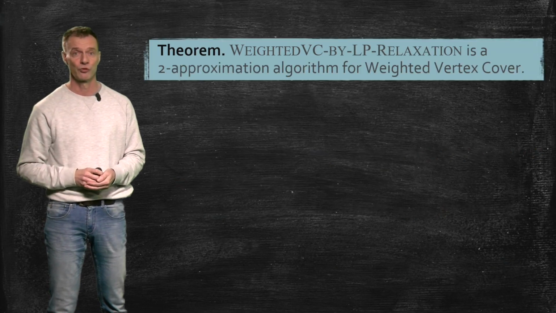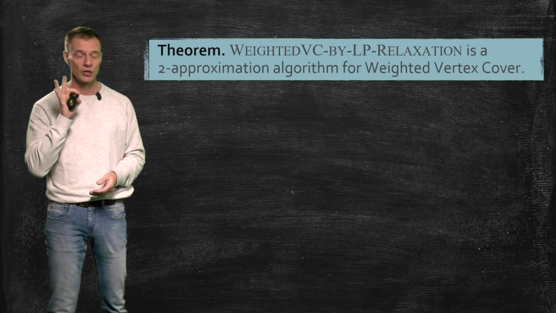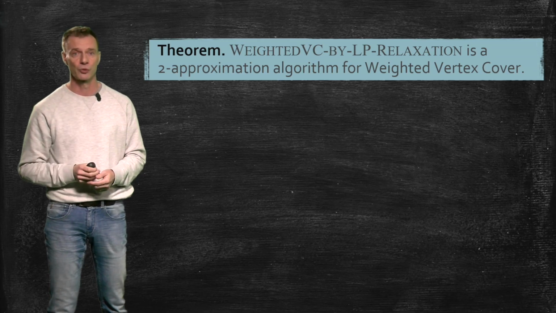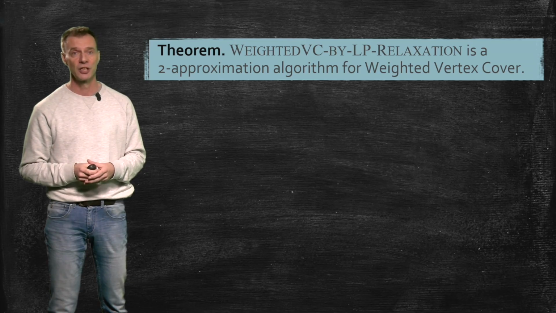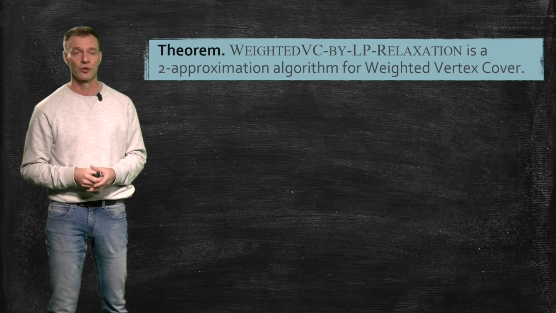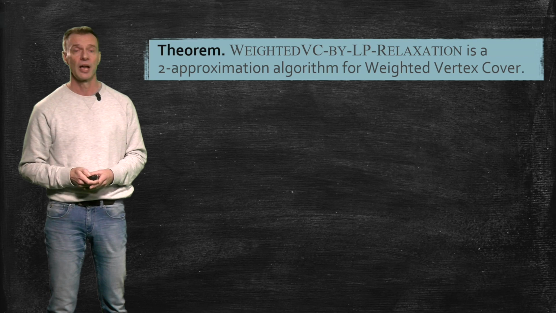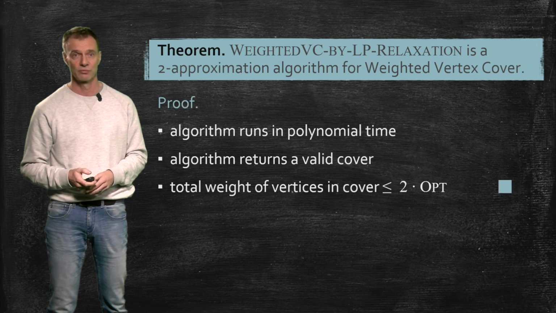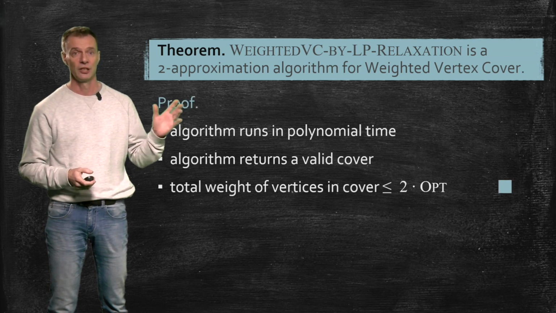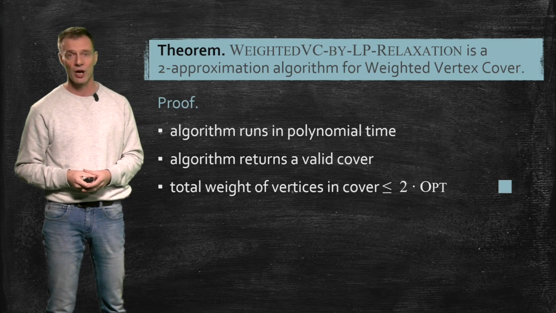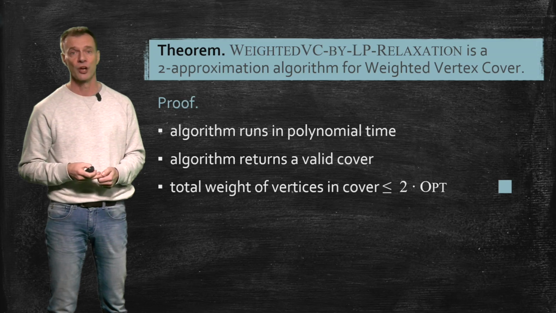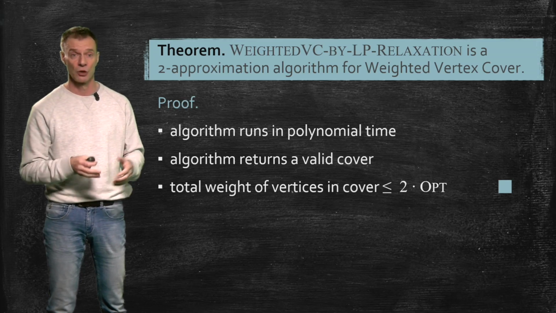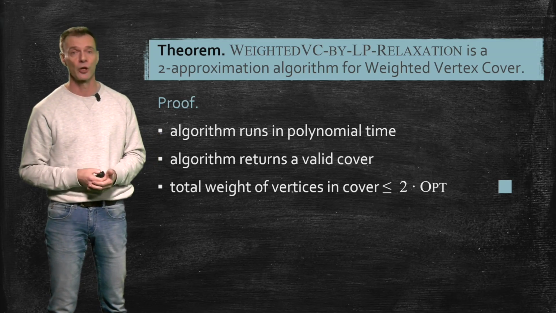So we have proven the following theorem, that we can solve the weighted vertex cover problem using this LP relaxation technique, and what we get is an algorithm that runs in polynomial time and gives us a two-approximation. Okay, and here you see the proof summarized. What do we need to prove? Well, it should run in polynomial time. That's true because we relaxed the problem and a normal LP can be solved in polynomial time.